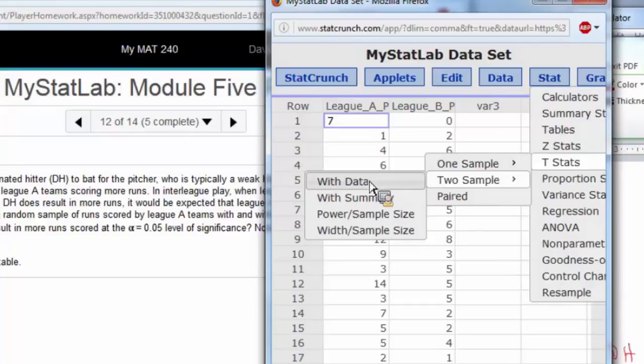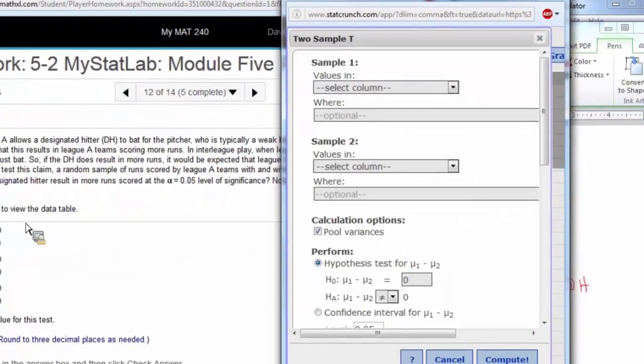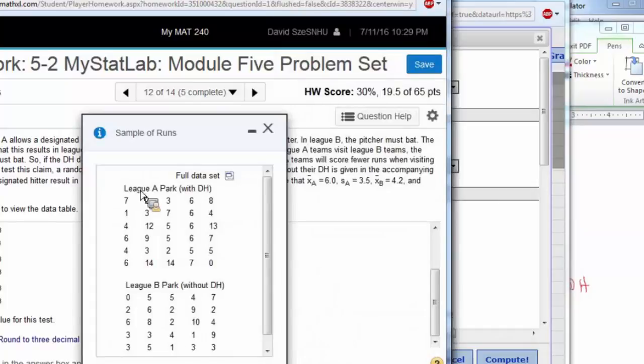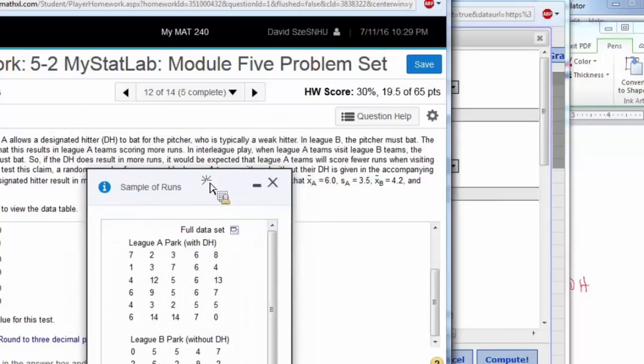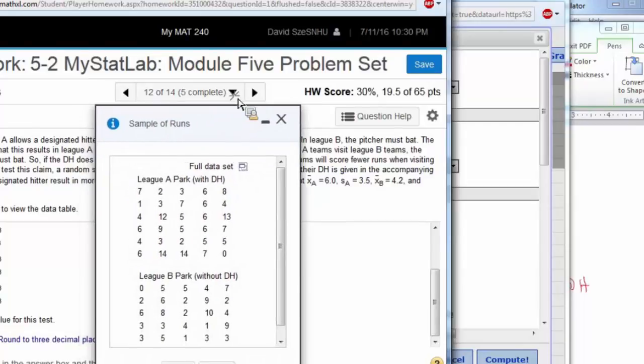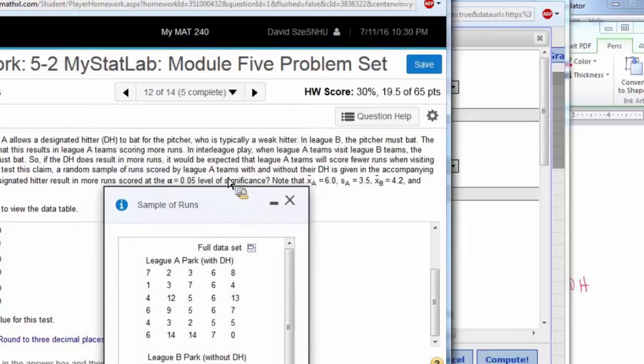Okay, why is it greater instead of less? Because League A is with the designated hitter, and it says here, with the designated hitter scores more. So it's a very complicated problem description that's all baseball and not really statistics.